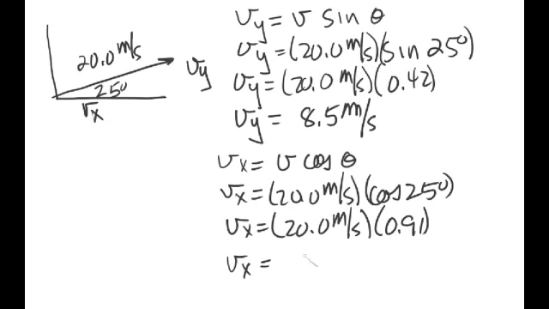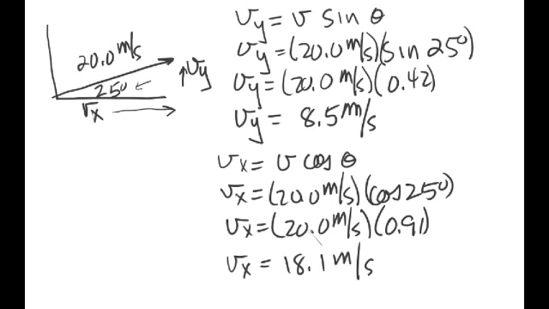V sub x is equal to 18.1 meters per second. Does this make sense physically? Yes. We notice that 25 degrees is a fairly shallow angle, so we expect most of the velocity to be in the x direction and only a little bit in the y direction. We have that. We have 8.5 in the y or vertical direction and 18.1 in the x direction.